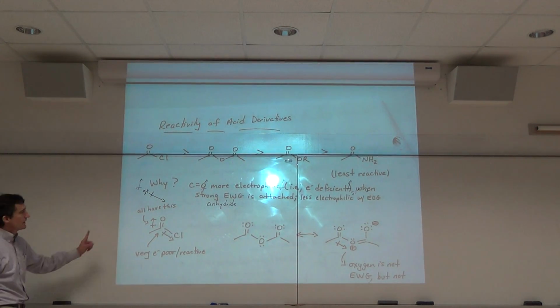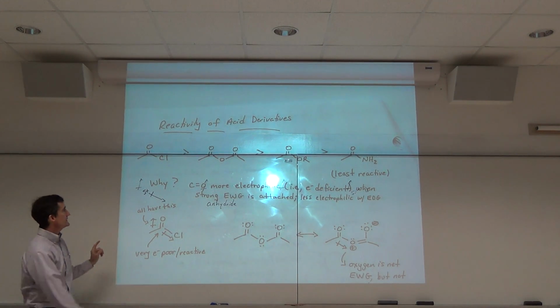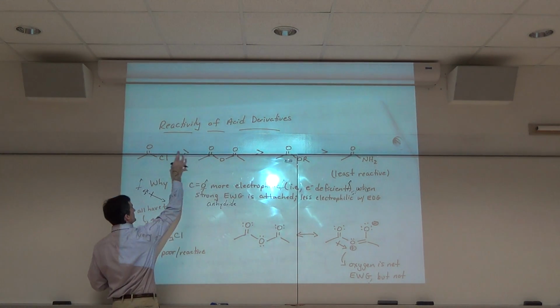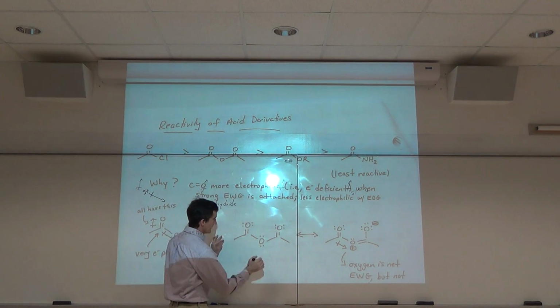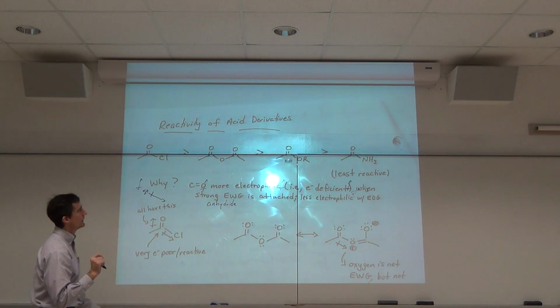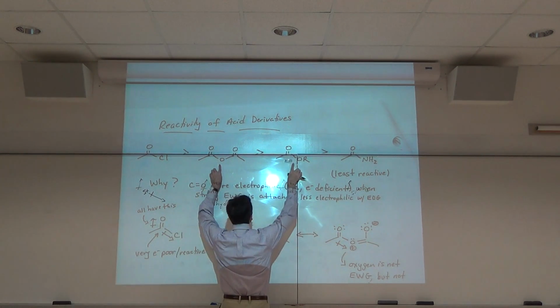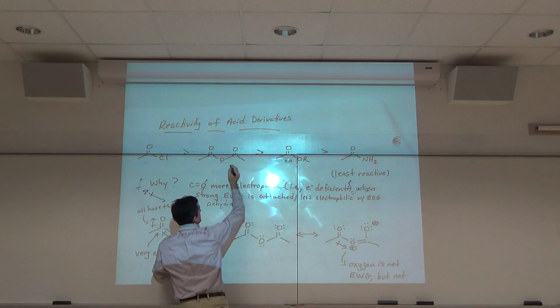So that's pretty much what I said here. Why is the anhydride not as electrophilic as the acid chloride? Electrons. Now, actually, I want to look here. Why is this more reactive than this? They're both oxygens.